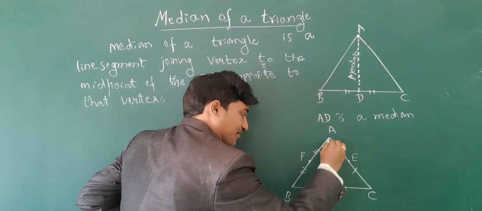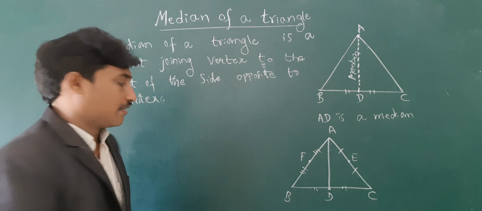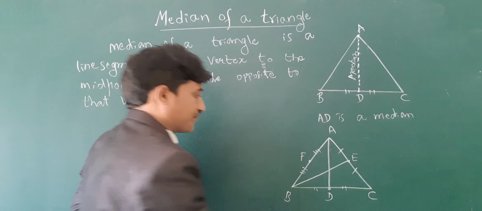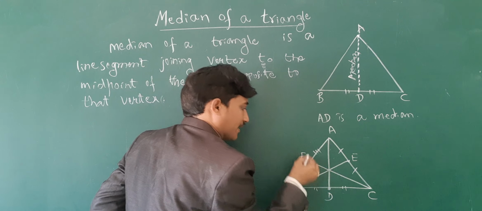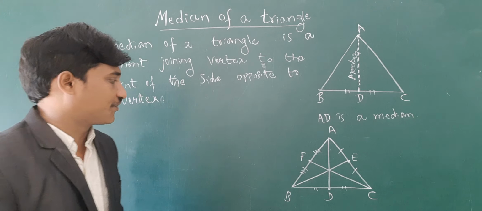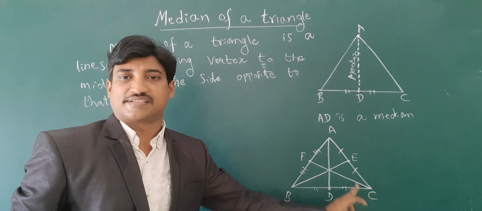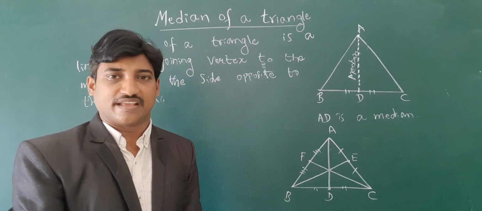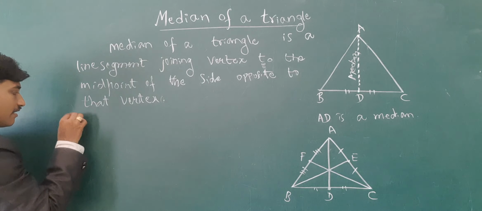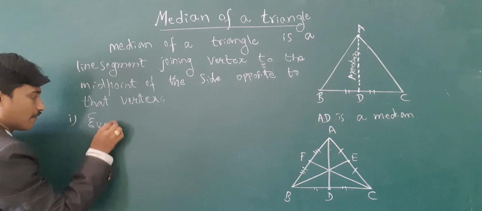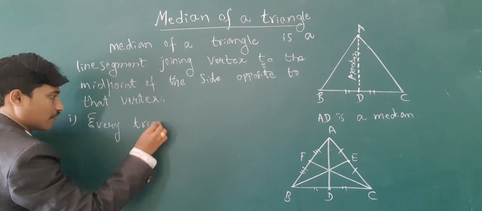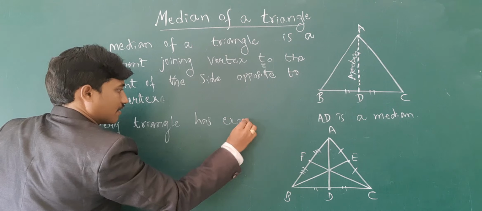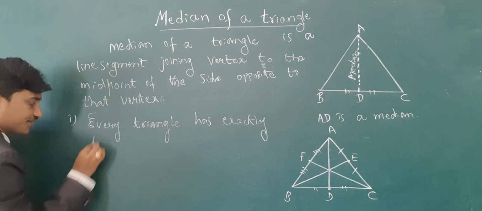Then AD is a median, BE is the median, and CF is another median. So AD, BE, and CF are the medians. Every triangle has exactly 3 medians.